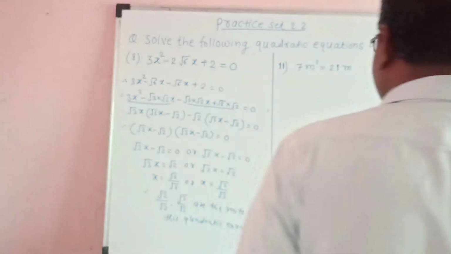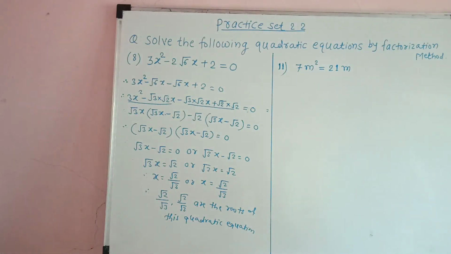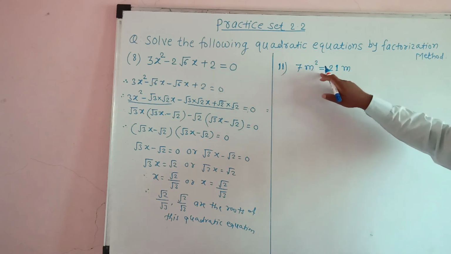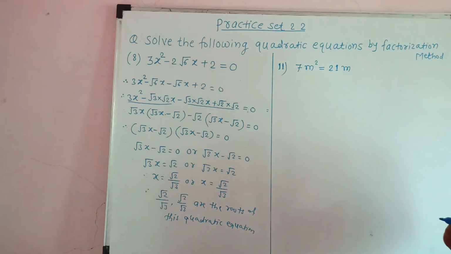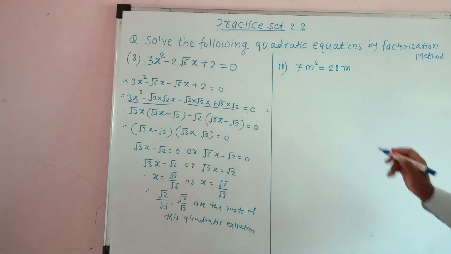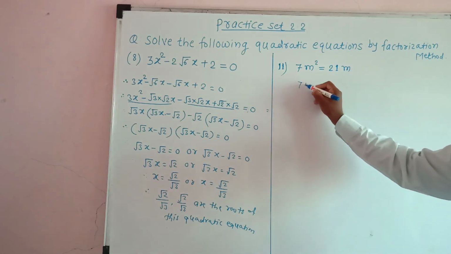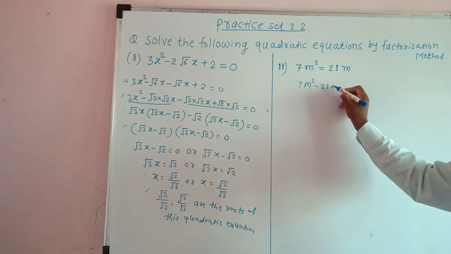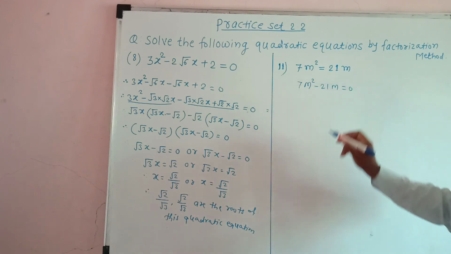Now let us solve example number 11. Example number 11 is 7m square is equal to 21m. Therefore we write this as 7m square minus 21m is equal to 0.